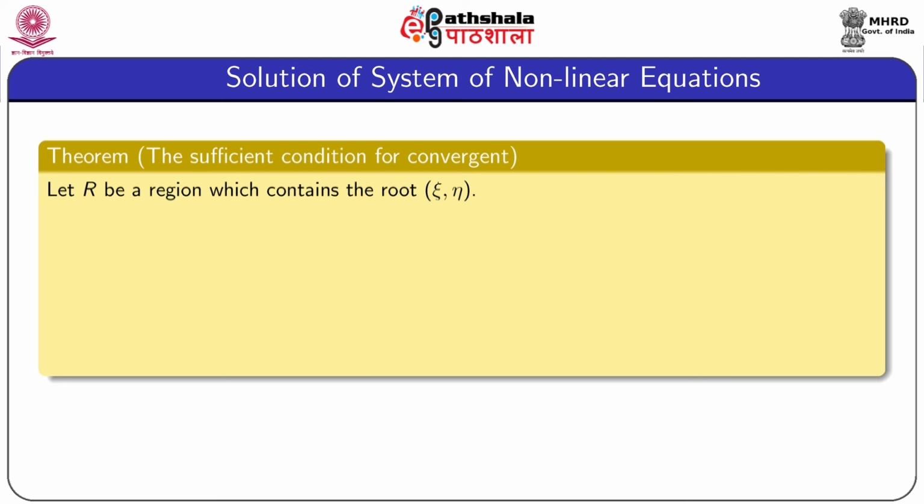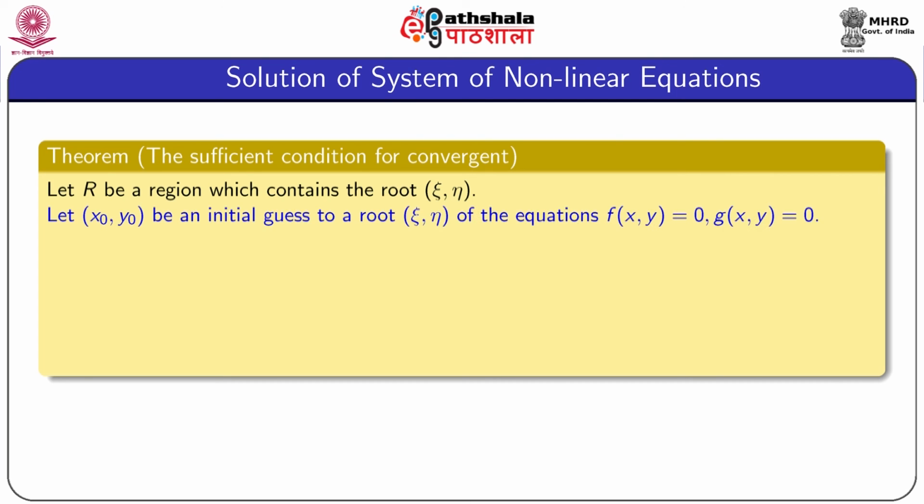Now, we state the sufficient condition for convergence of the Newton-Raphson method. Suppose R is a region which contains the exact root (ξ,η), and let (x0,y0) be the initial guess to the exact root of the equations f(x,y) = 0 and g(x,y) = 0.